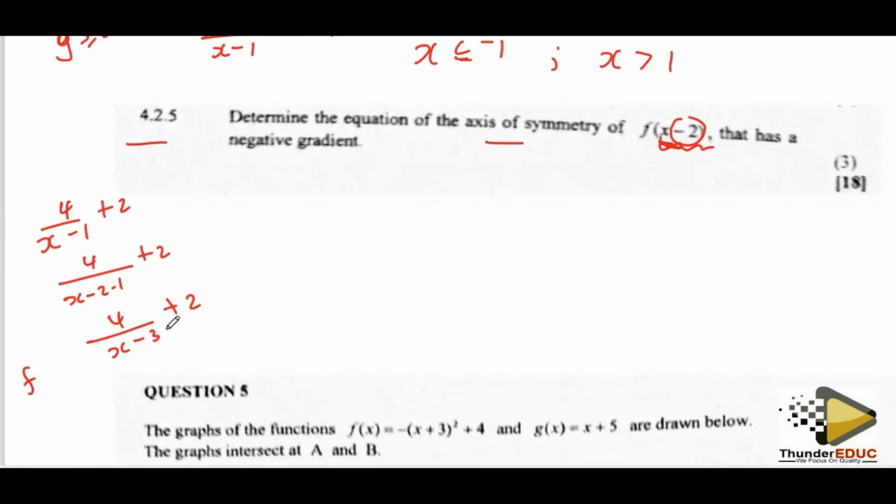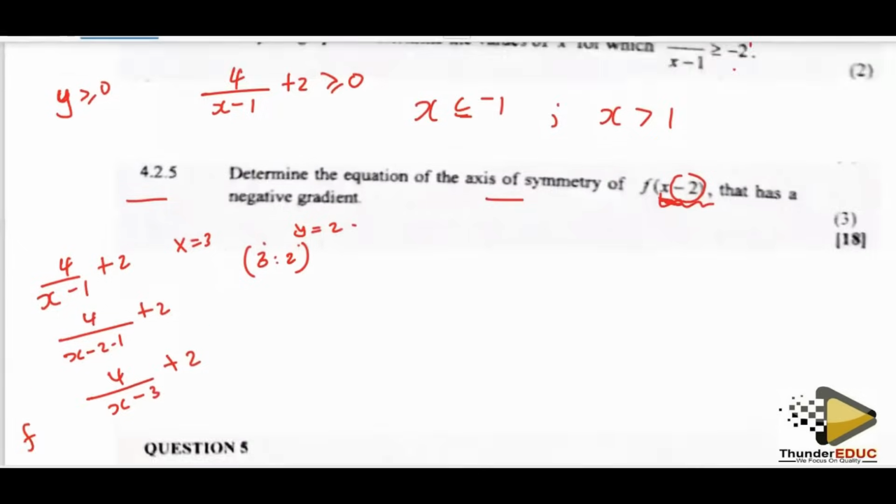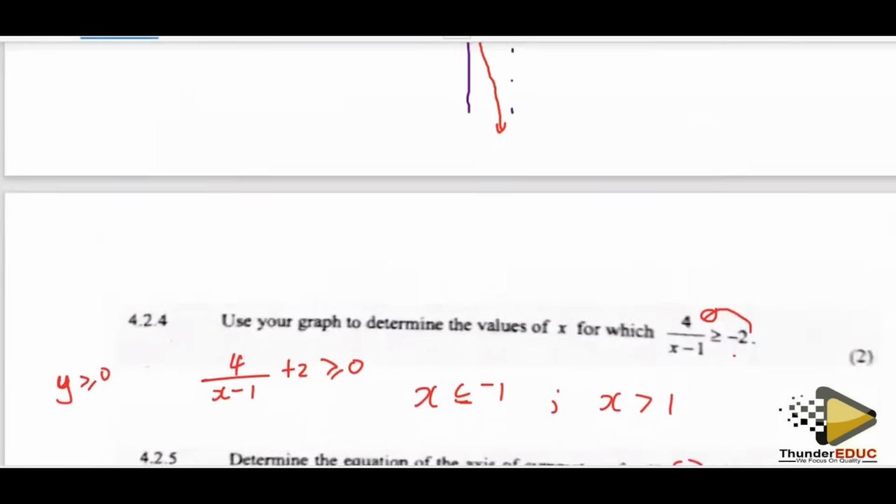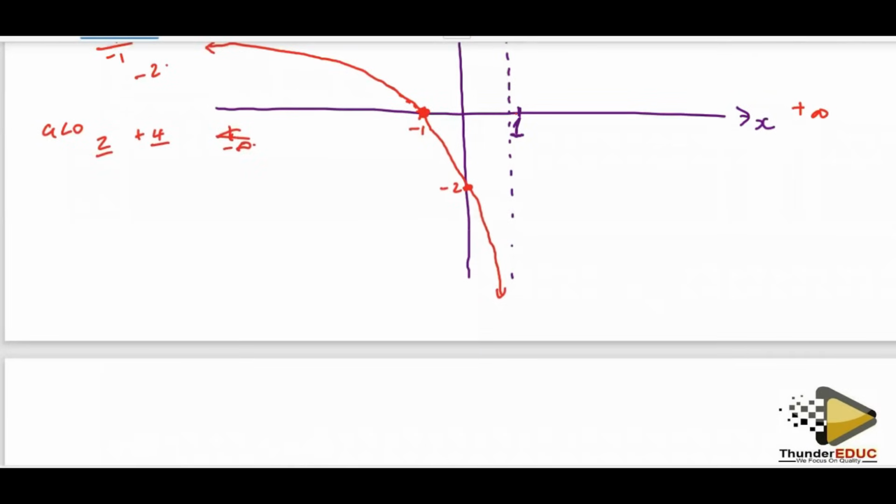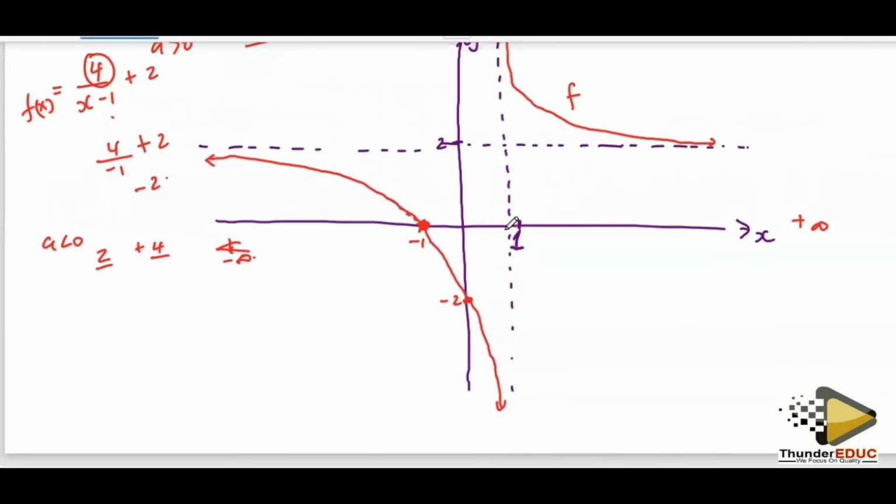With this new function, I know that the asymptotes are going to be 3 and 2. x is going to be 3 and then y is going to be 2. So it's the same graph, but we're just shifting it 2 units to the right, so that this asymptote moves plus 2 to be somewhere there.